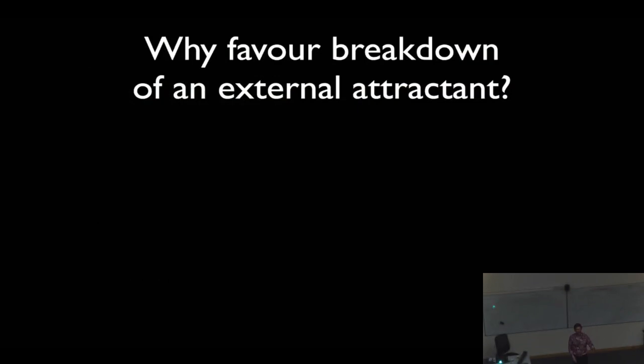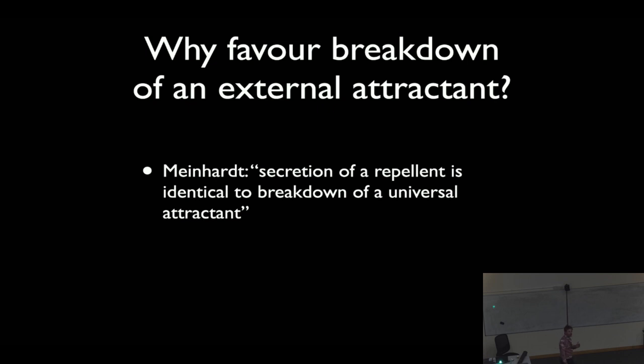So we keep seeing this system happening again and again and again. We keep seeing that cells prefer to break down an attractant that comes from outside rather than making an attractant themselves. Why should that be?